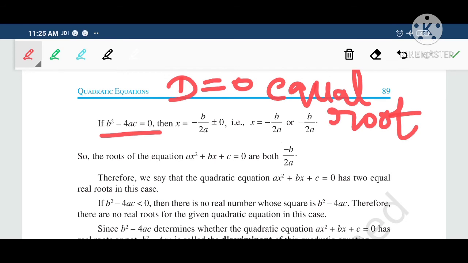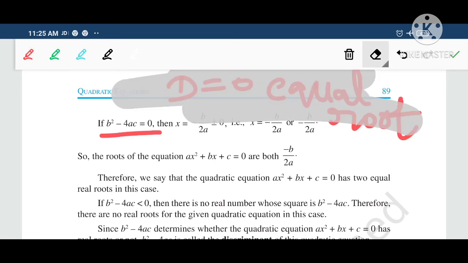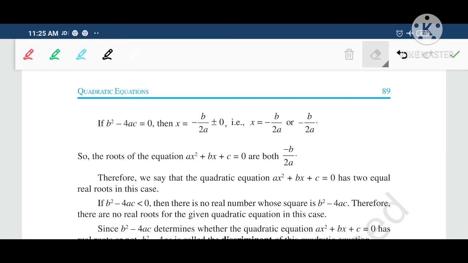How do we get equal roots? Once again, b square minus 4ac: what is the value of the square root of 0? Because under the square root you have b square minus 4ac, the square root of 0 is nothing but 0.